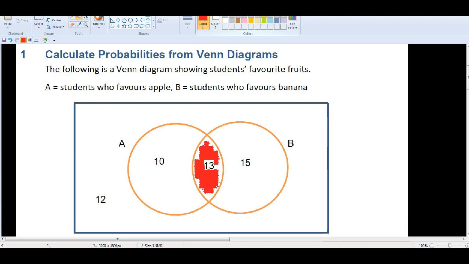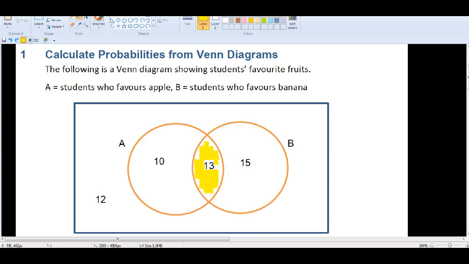How about the numbers in the green color? They are all in the circle labeled A. That means there are 10 plus 13, which is 23 students who favored apples. And how about the circle B? There are 28 students who favor bananas.